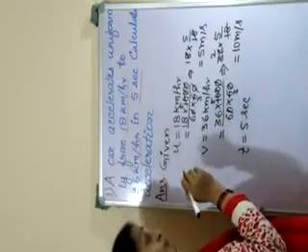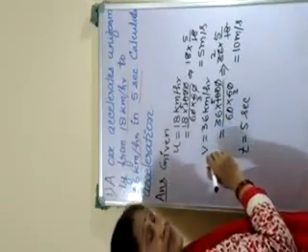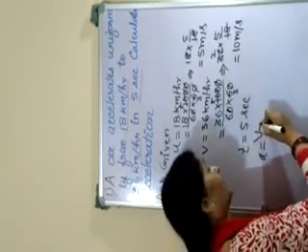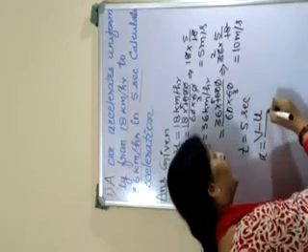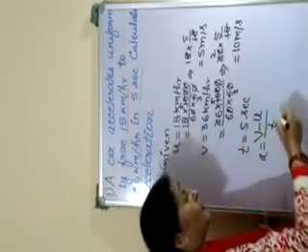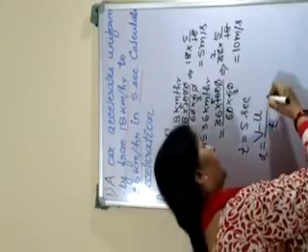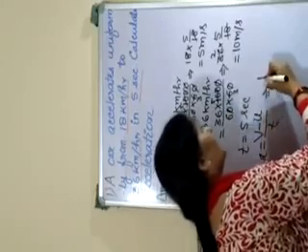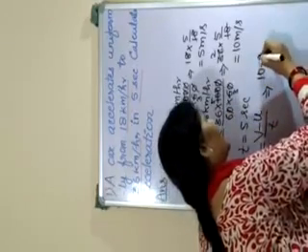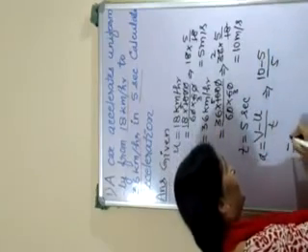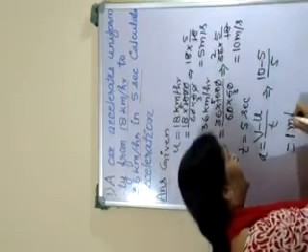The formula we will use is a equals final velocity minus initial velocity by time. This is according to the definition of acceleration. Now put the values. 10 minus 5 by 5, and this is equal to 1 meter per second square.